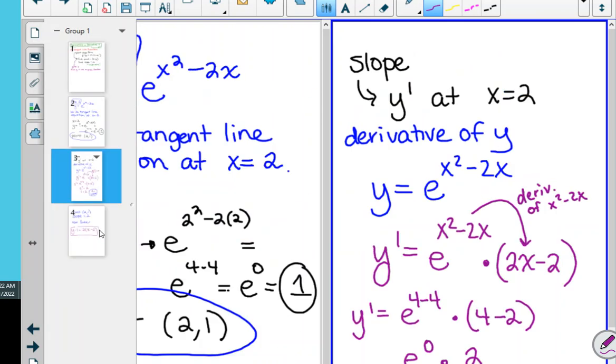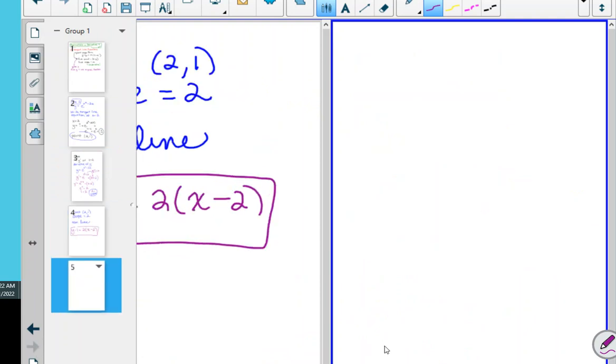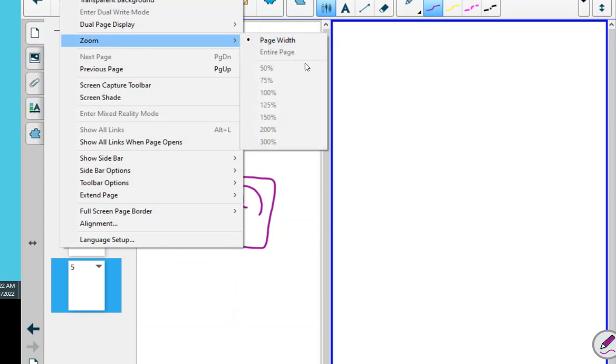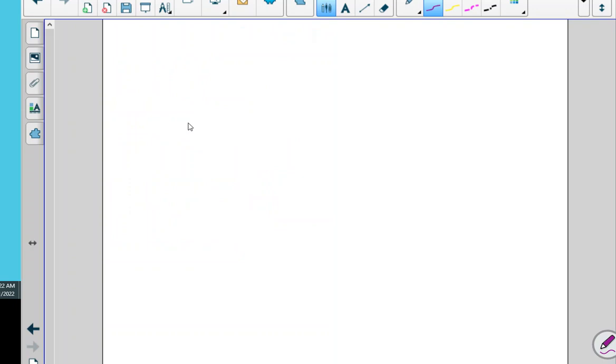All right, let's try another one. I'm actually going to throw another little, no, we'll do that for the third one. Let's go back to single page. And let's do this one. I want to do one where everything doesn't come out so pretty, of course.